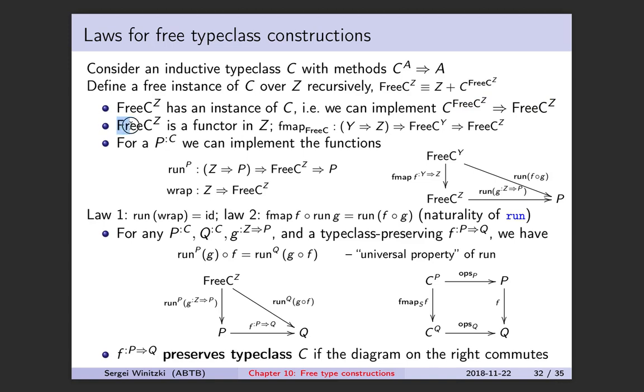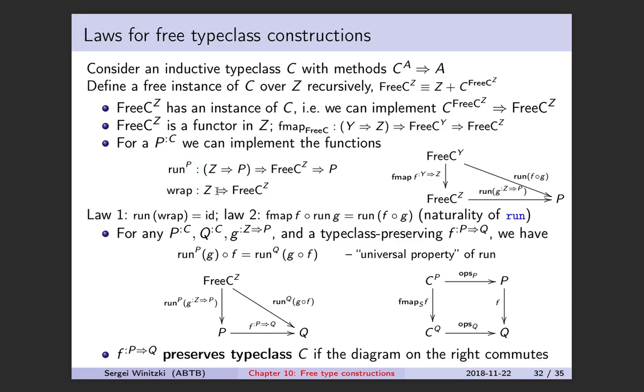Another property is that it is a functor in Z, so it has an fmap, which works by changing the generating type. Another property is that if we have a specific type of that type class C, we can implement these functions run and wrap.